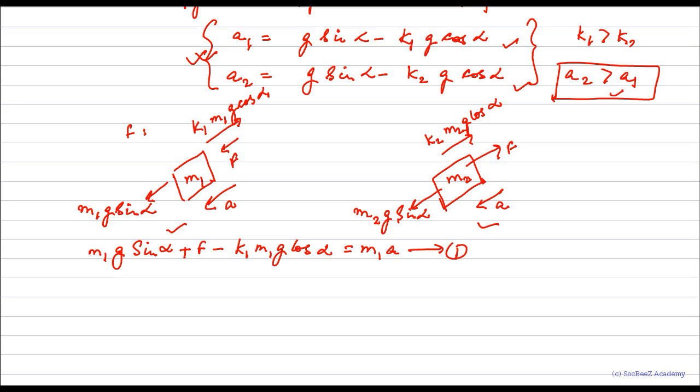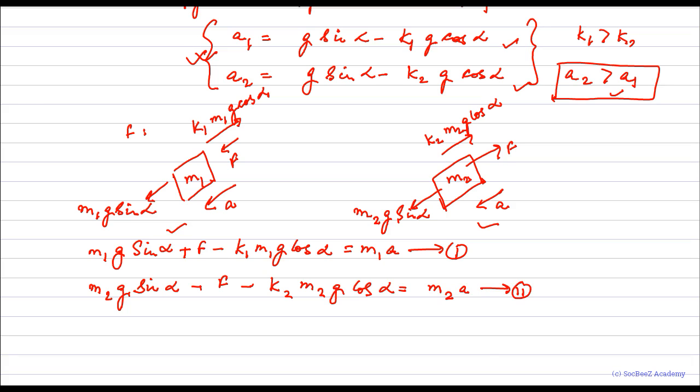I'll write down m2g sine of alpha minus f minus k2 into m2g cos of alpha equals m2 into a. So let's say this is my equation 2.